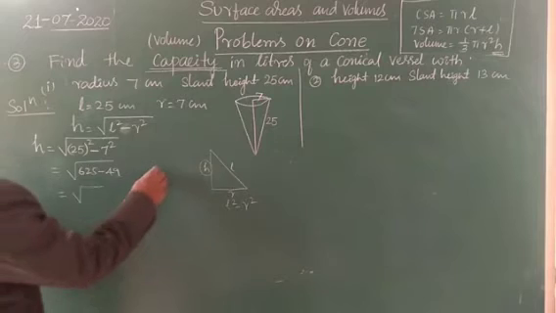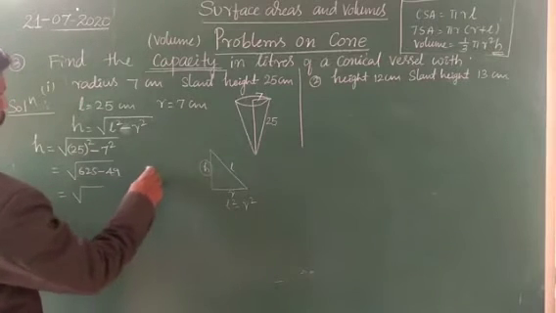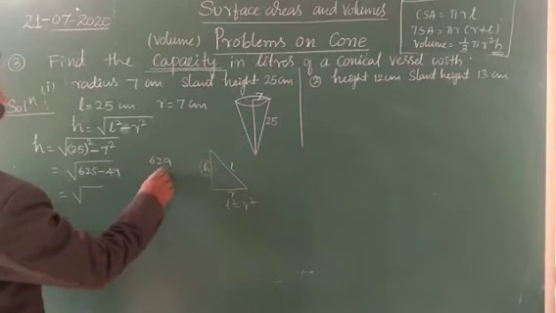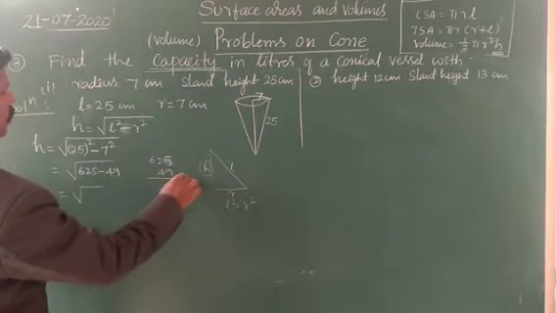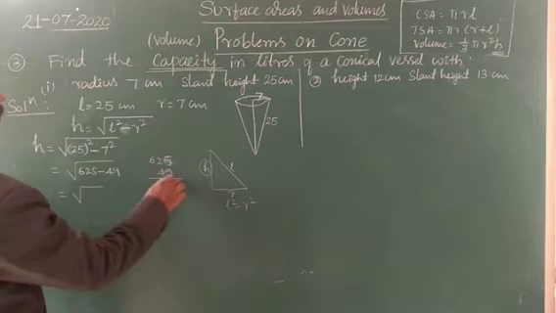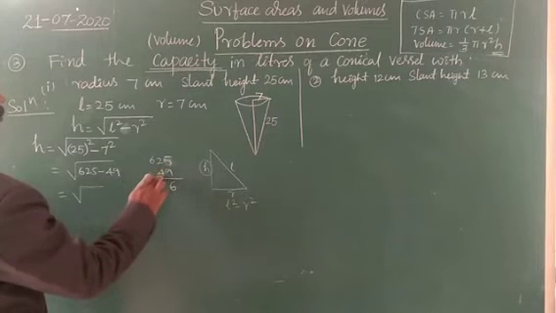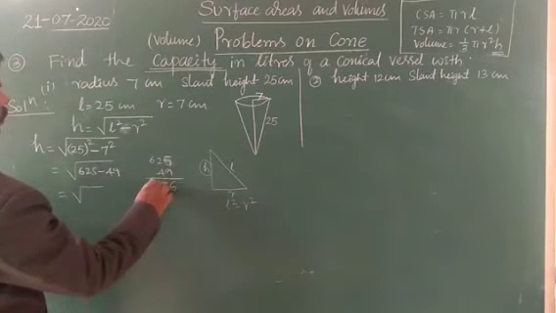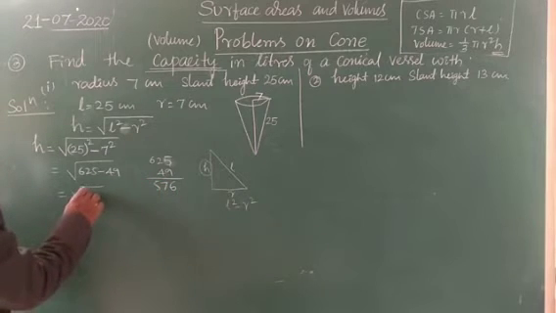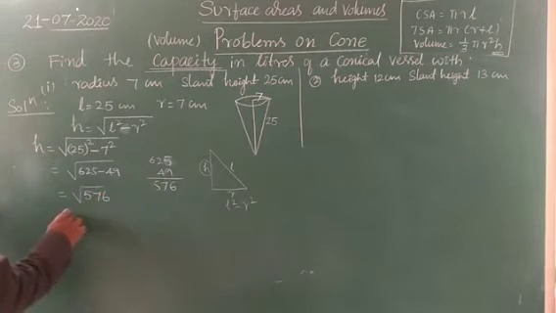Square root of 576 is equal to 24 centimeter.